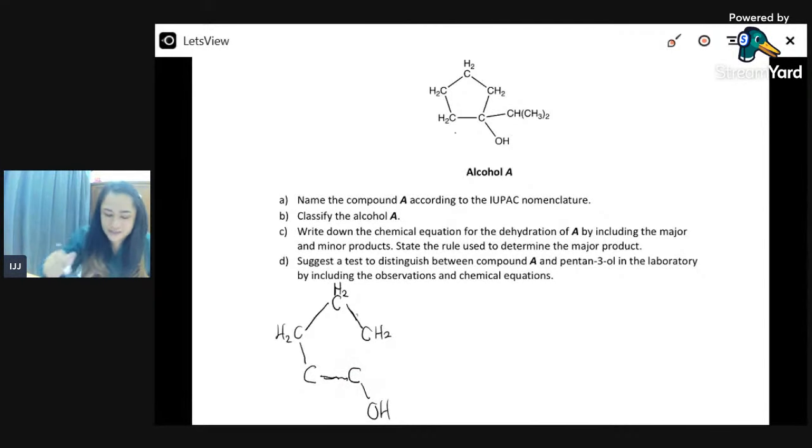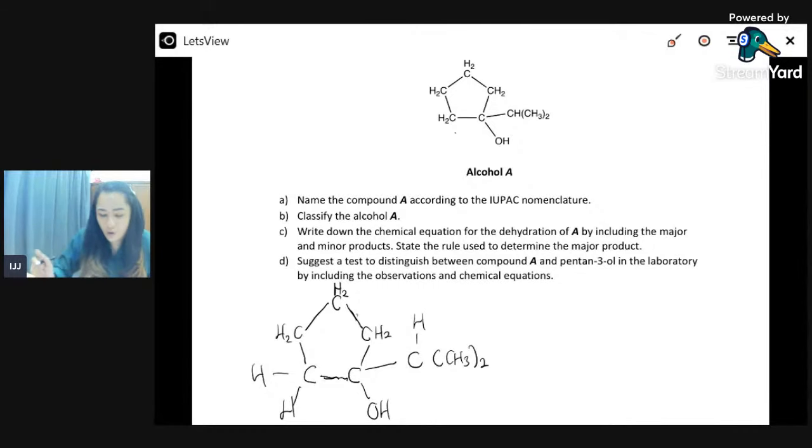For you to eliminate the hydrogen, it must be eliminated from the carbon that is directly bonded to the carbon bearing your OH.